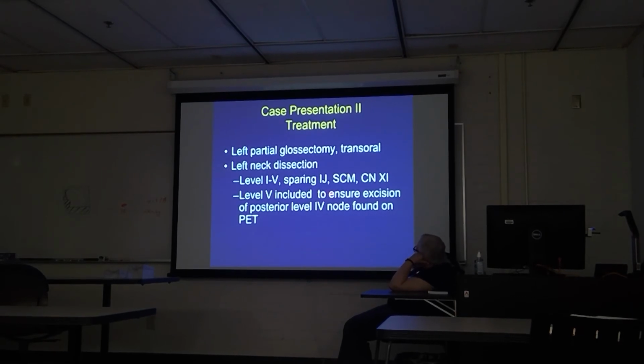Level 5 included to ensure excision of the posterior level 4 node found on the PET. So IG, IJ, SCM, and cranial nerve 6. I can't remember these ones. I should know this one. I'll look it up and send it to you.